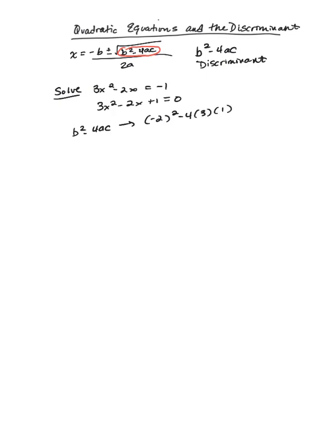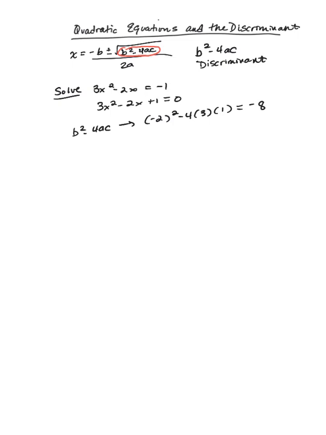The reason I would like you guys to do the discriminant on its own first, even if you do it mentally, is because then you're already going to know about the nature of the roots before you continue, okay? So I can already see here that this is negative, right? So I end up getting 4 minus 12, right? So that's negative 8.